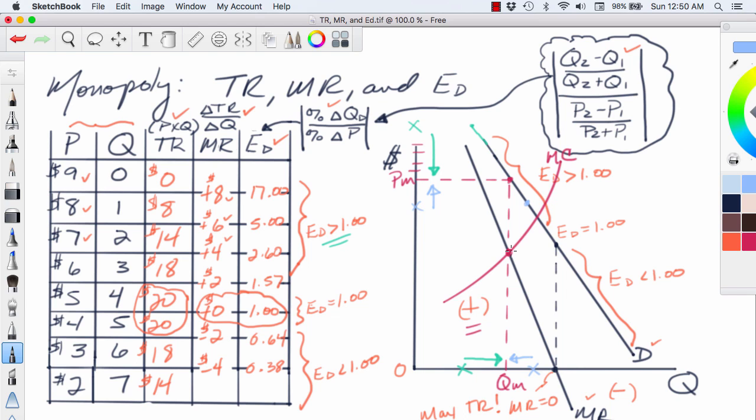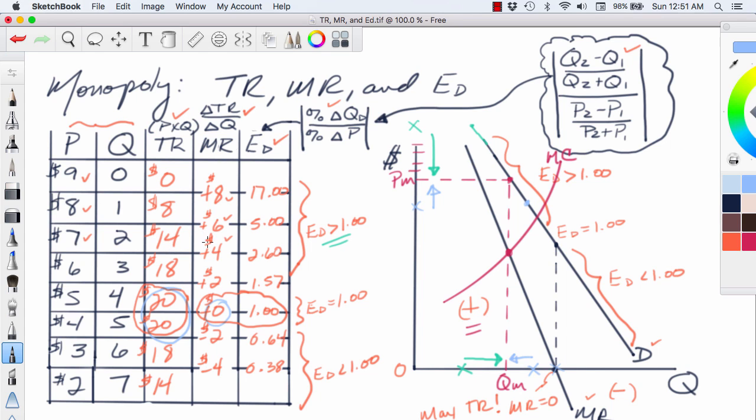I mean, after all, if where MC equals MR is the maximum, not being there means you're not maximizing. So as you move closer to maximum, your profits are increasing, but in this case they're increasing at a decreasing rate. Notice though, this is what's interesting, you're actually moving away from the point where MR equals 0. If you're raising your price and you're moving away from the point where here's MR equals 0, here's the total revenue where MR equals 0, your total revenue is what?